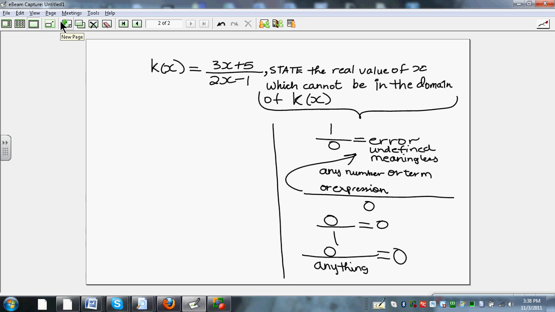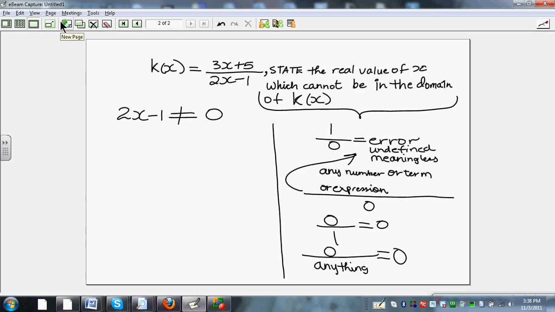Now, if we want to state the real value of x which cannot be in the domain of k of x, I'm going to write a statement here for you: 2x minus 1 cannot be equal to 0. Do you all agree with that? Because if 2x minus 1 was 0, we would have something divided by 0.